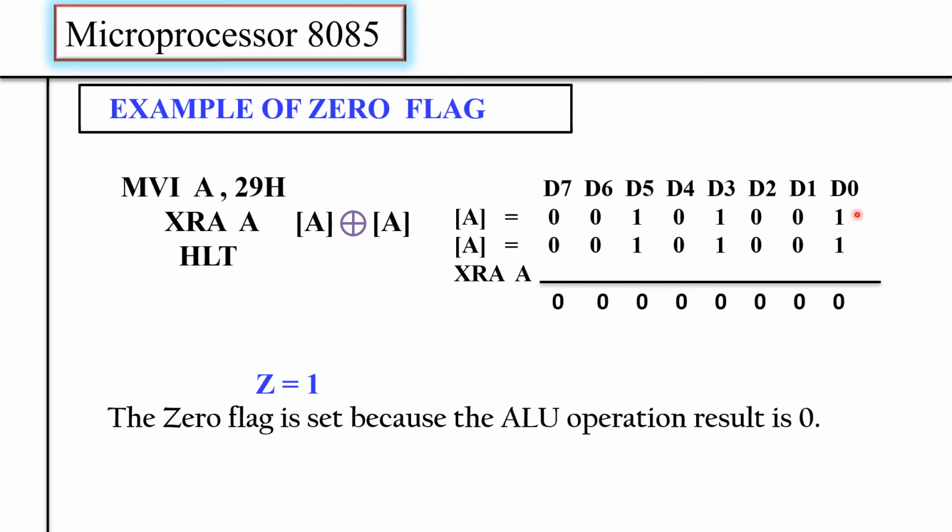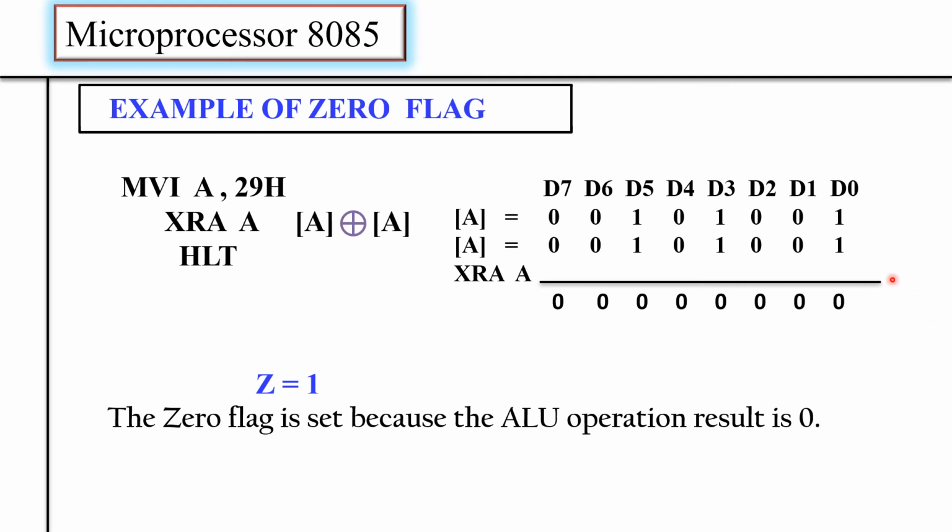Here both the inputs are the same, so the output will be 0000 0000. This is the result of XRA A, that is the content of the accumulator with the accumulator. So the result is 0.